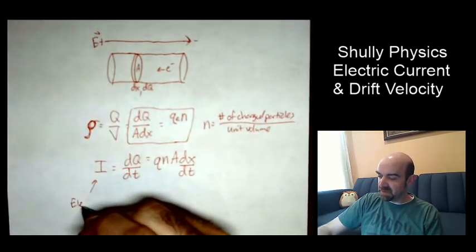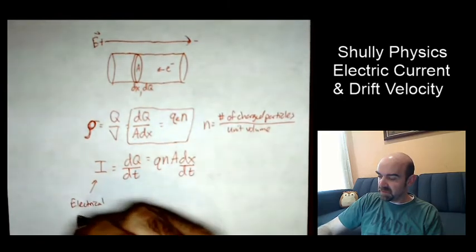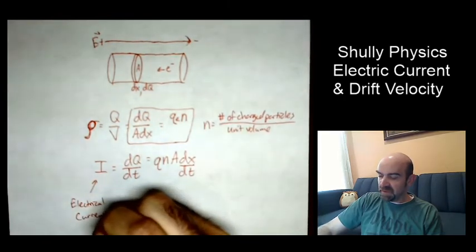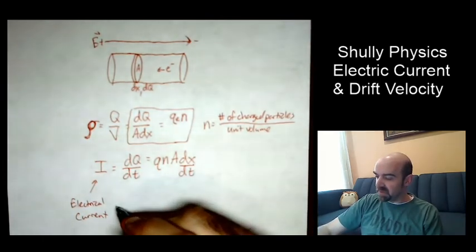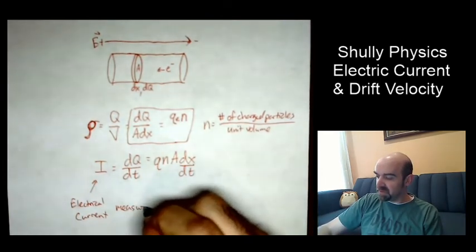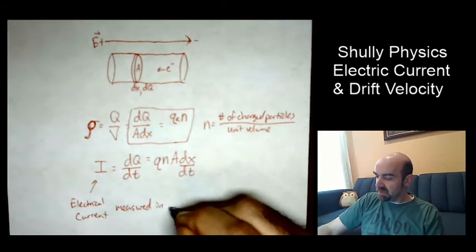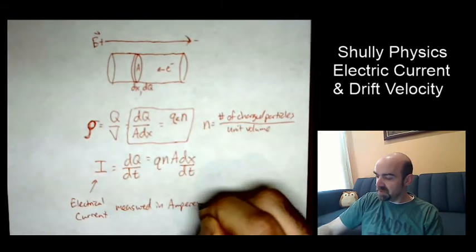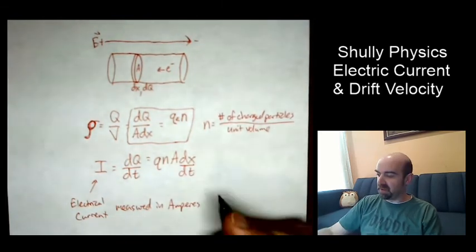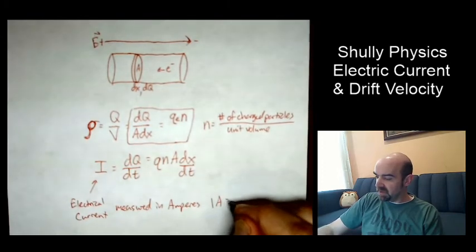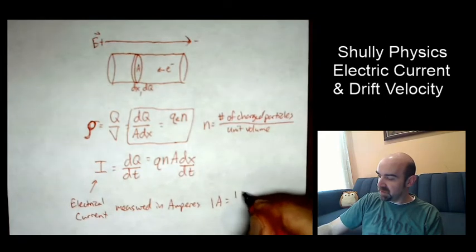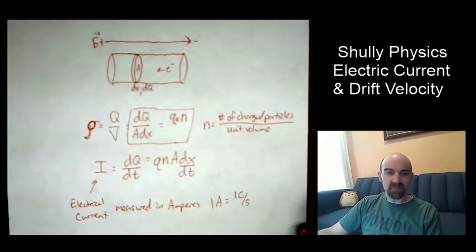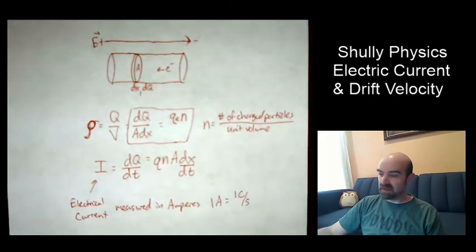Electrical current has a unit of amperes, so it's measured in amperes. 1 ampere would be 1 coulomb per second. So that's its definition.